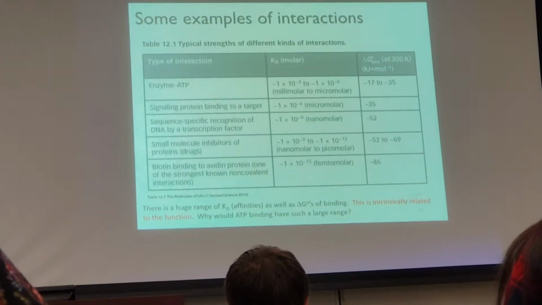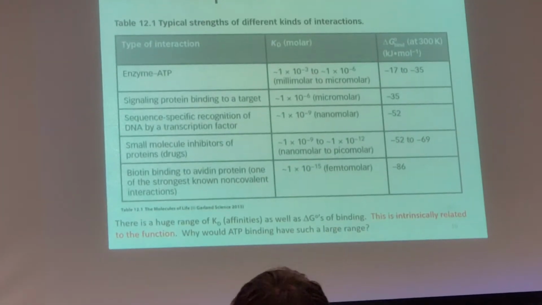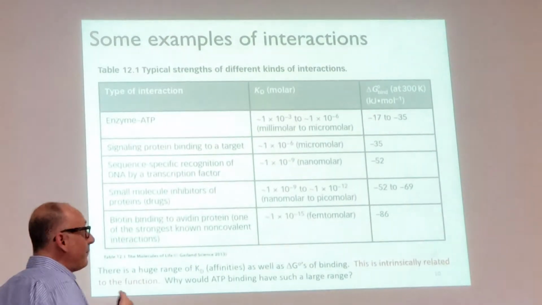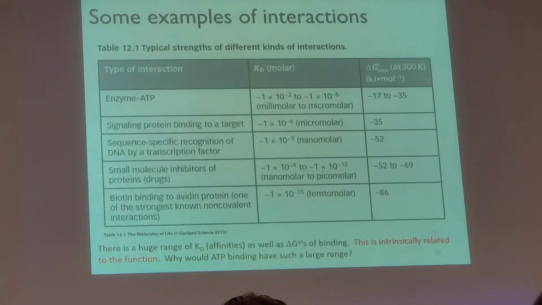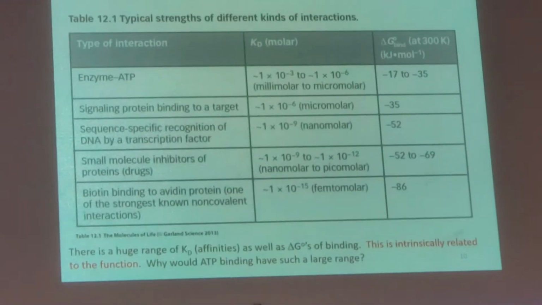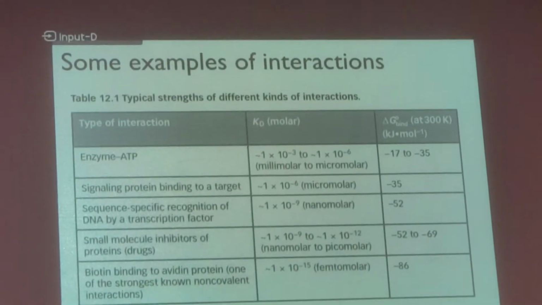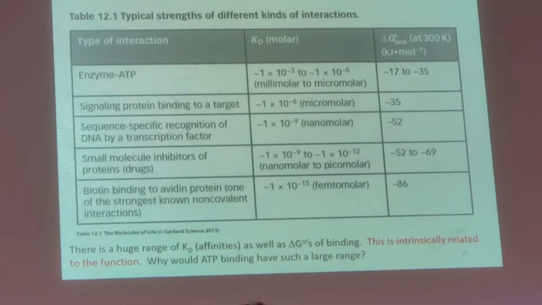All right, so the weaker my interaction is, the higher my delta G of binding. Meaning that if I have a millimolar type interaction, and this all just comes from this equation, I see, okay, well, I'm about minus 20 kilojoules per mole.